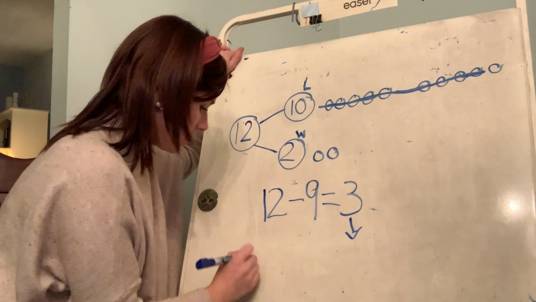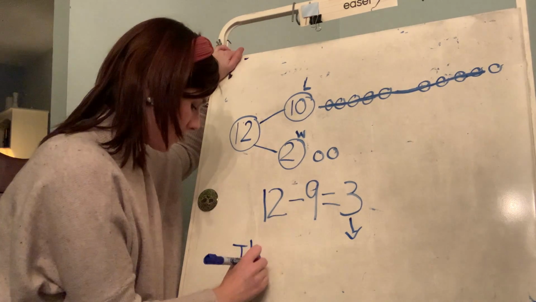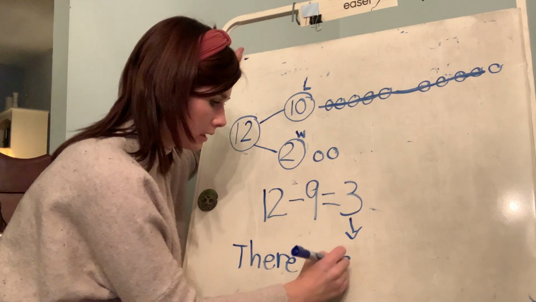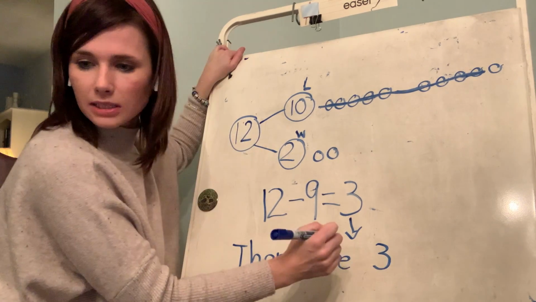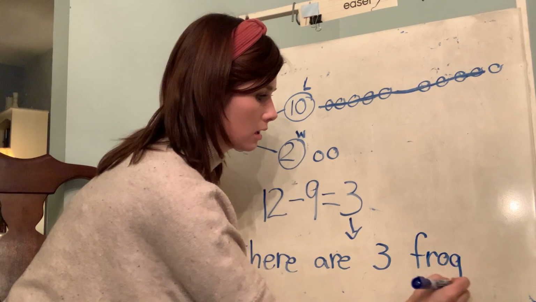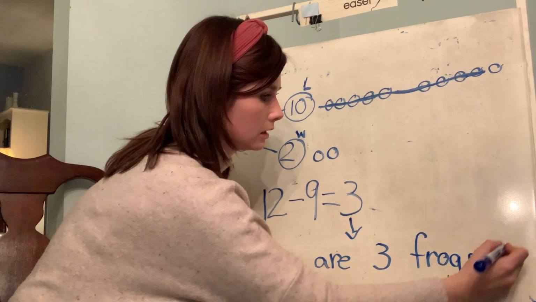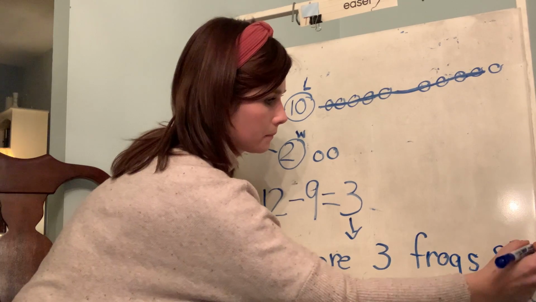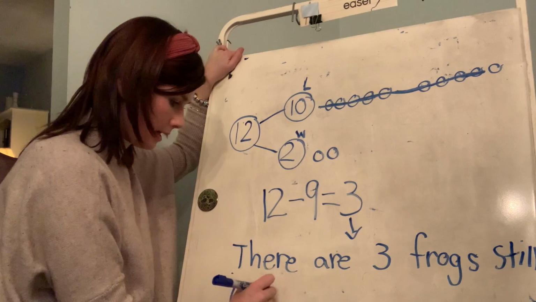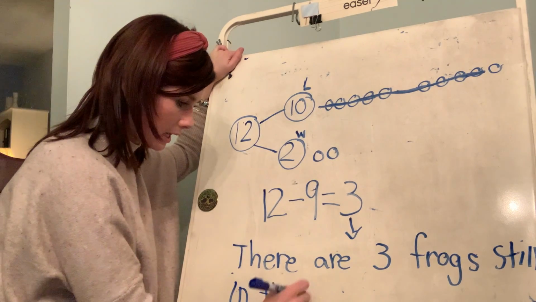So your line that says there are 3 frogs still in the pond.